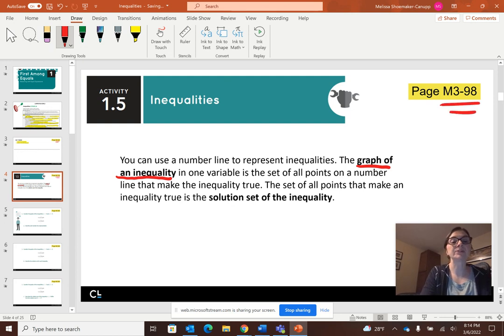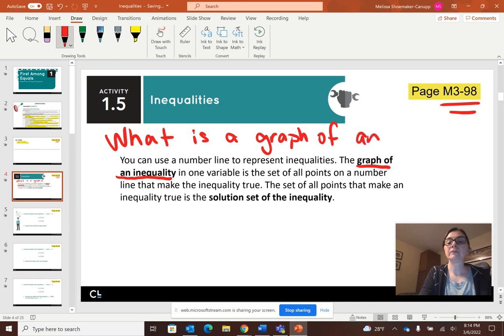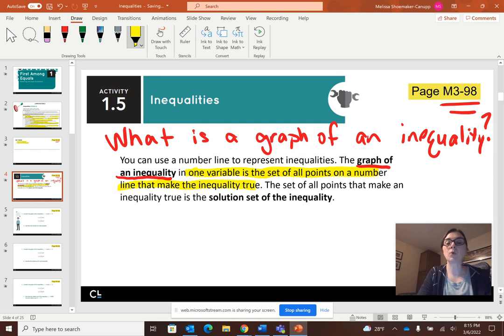So let's write, what is a graph of an inequality? You've already seen it on the worksheet. It's in one variable, the set of all points on a number line that make the inequality true. Okay, and here's our next vocabulary. The set of all points that make the inequality true is called the solution set.